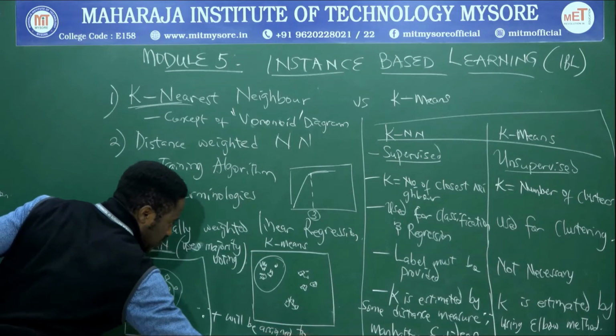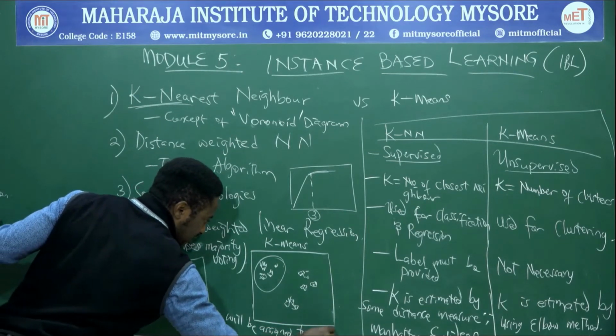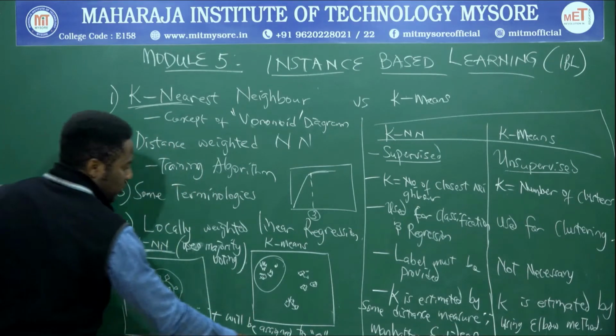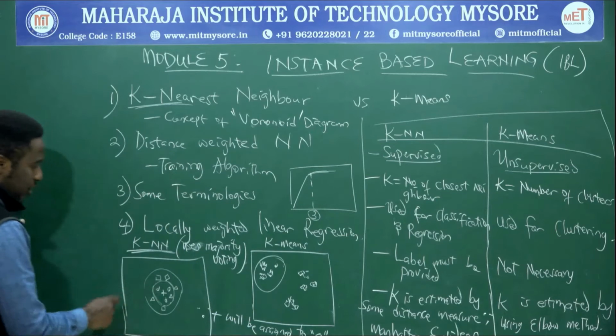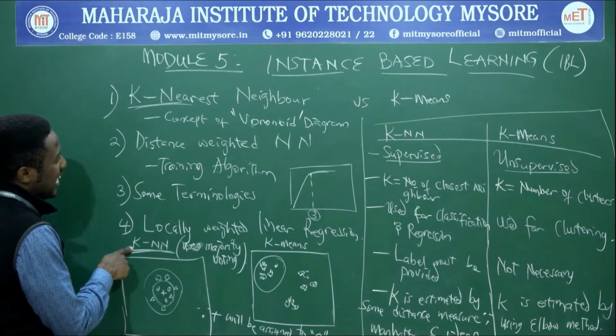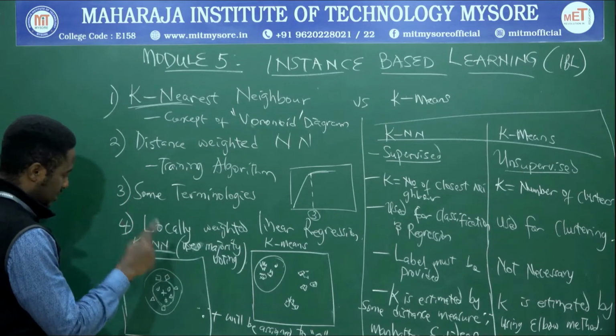Does that make sense? I think you're not able to see, but I just explained what I'm trying to do. Now, this is when we chose the number of nearest neighbors to be 1.